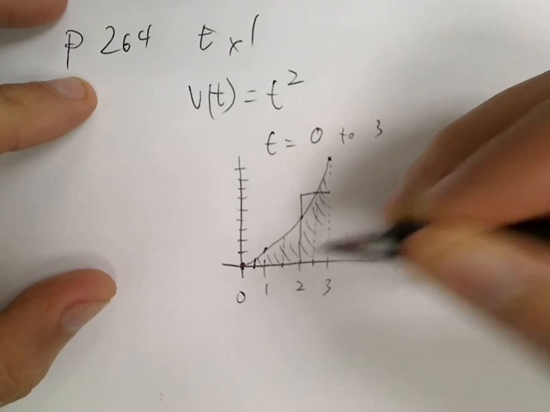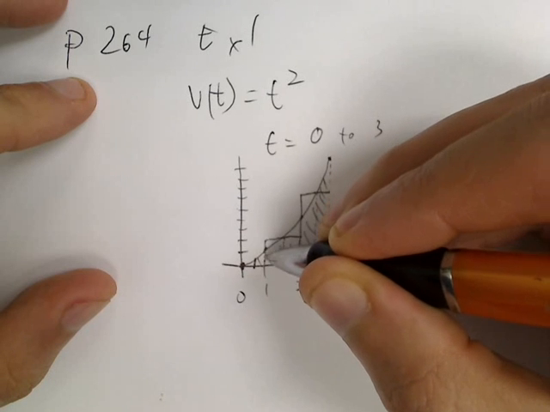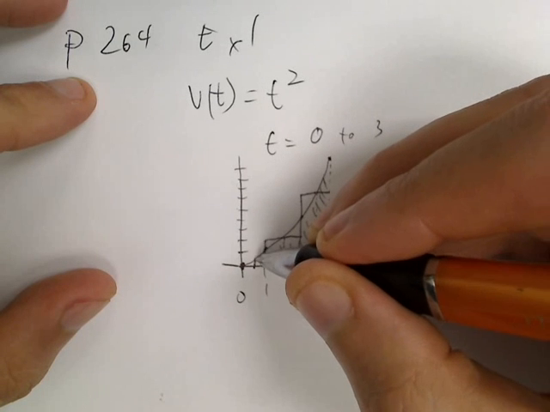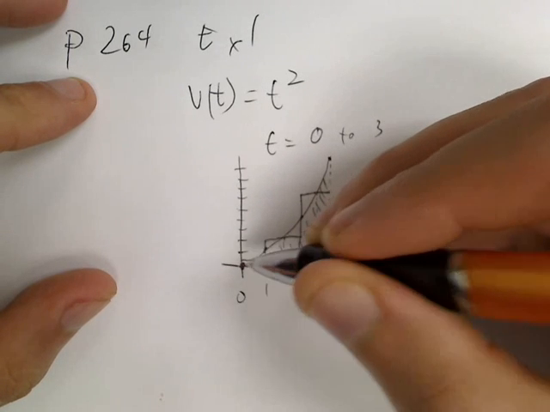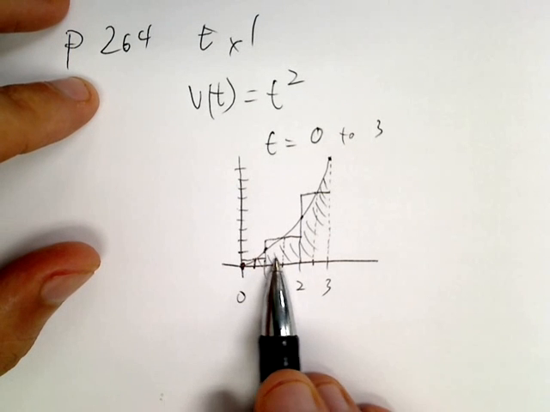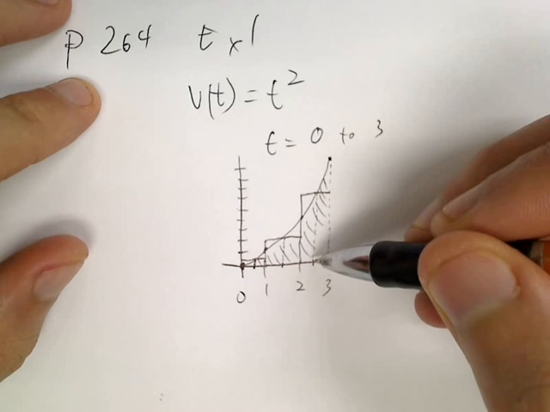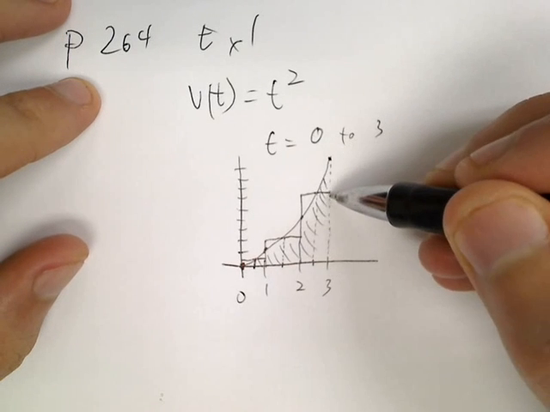And why rectangles? Well, rectangles are easy. This is really just going to be an approximation, but it should be pretty close. So you can see I drew 3 rectangles here, with the middle of the rectangle coming up and hitting the line.